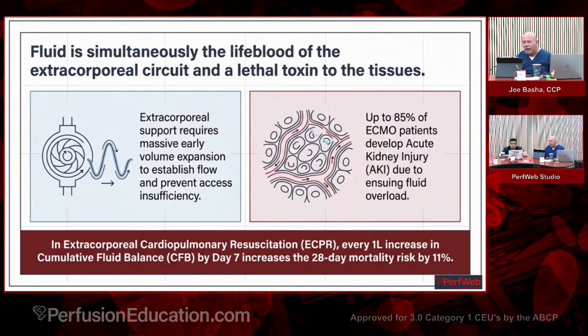Extracorporeal support requires massive early volume expansion to establish flow and prevent access insufficiency. It is one of the biggest problems we see when we initiate ECMO, especially VA ECMO emergently, where I have no volume. I am dumping volume in to get flow.